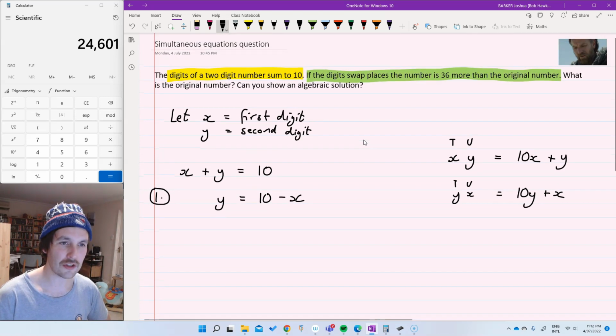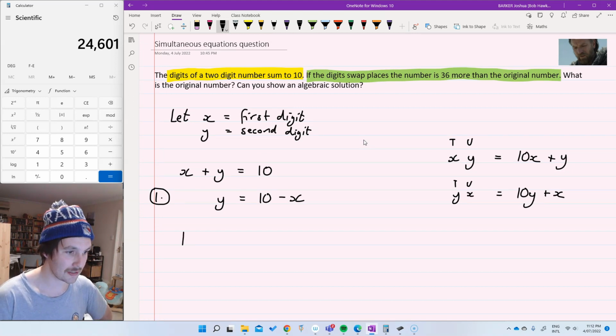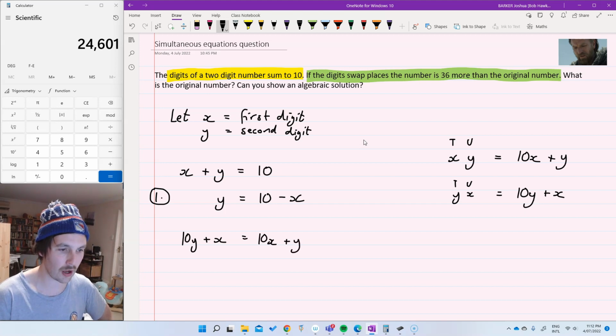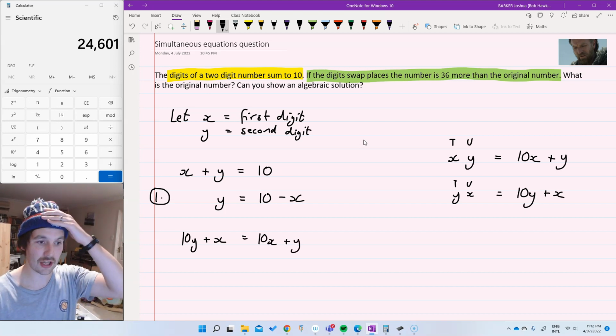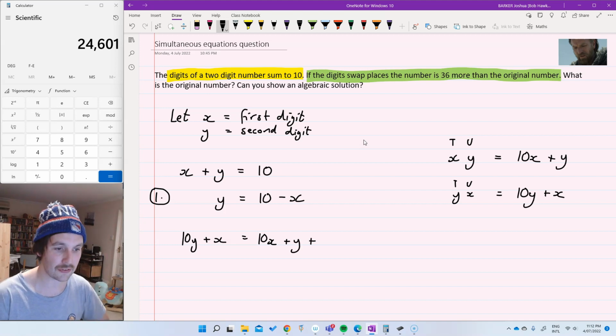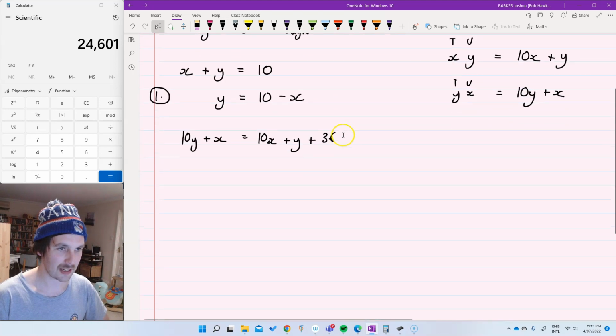So if the digits swap places, I'll write my digit swap places number, 10y plus x. That's going to be equal to my original number, which is 10x plus y. But because the second number is 36 more, I'm going to have to add on 36 for that to be equivalent.